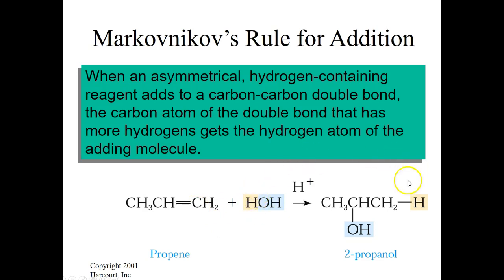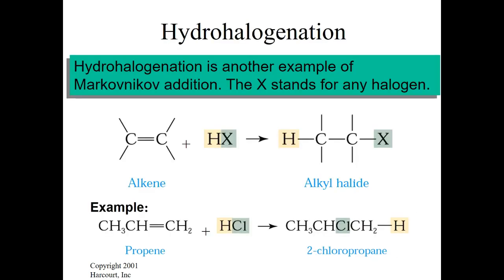So this H is going to go where this carbon that had two already is going to add one more. So H's like H's, they like to hang out together. And then that OH has to go on this carbon here. So make sure you understand Markovnikov. Every once in a while you'll have a question and you have to put the H in the right place. So make sure you understand that rule. And we'll see it a bunch of the time.